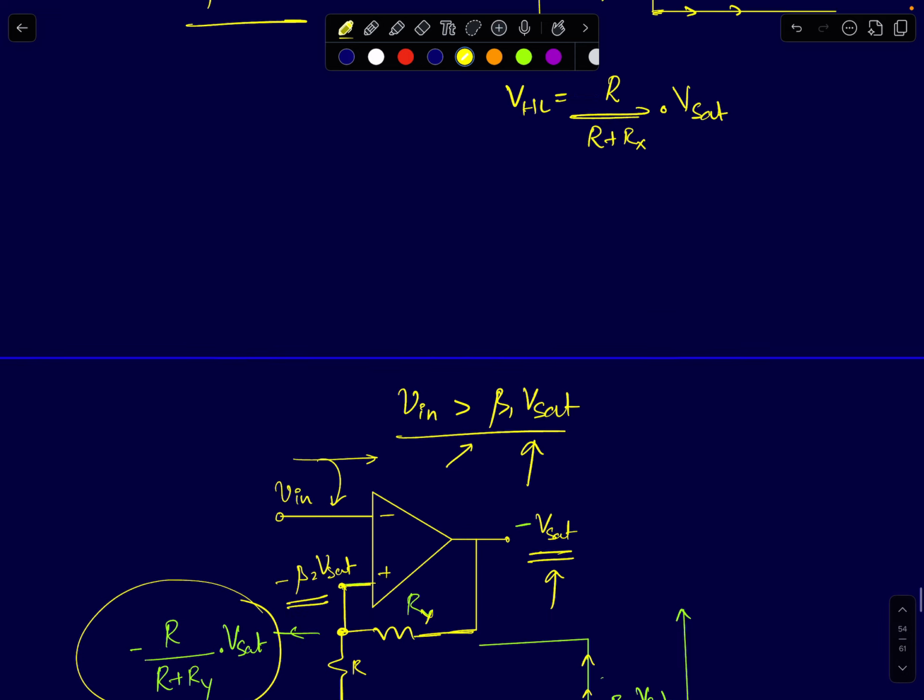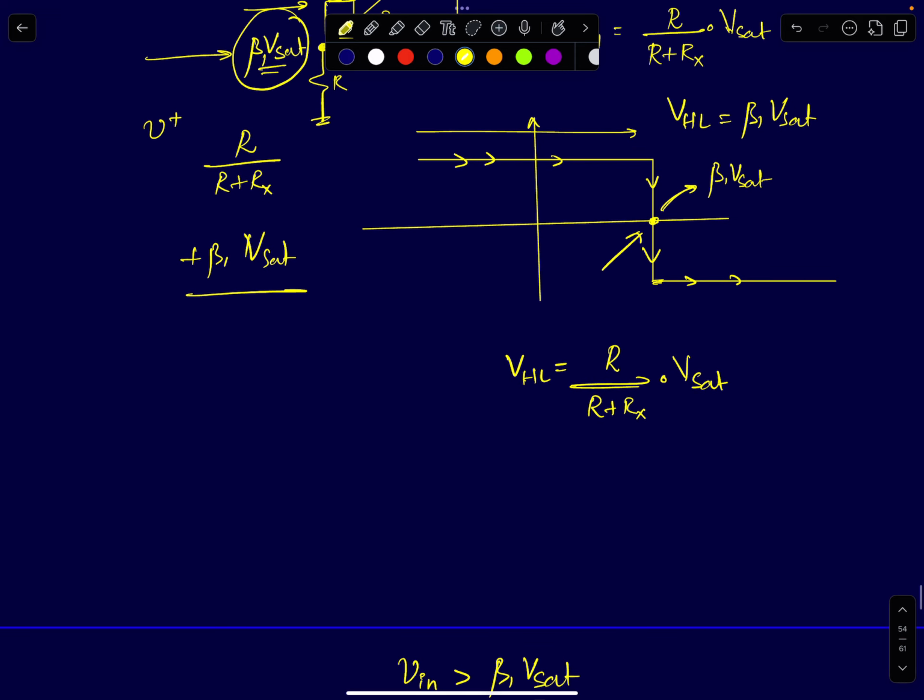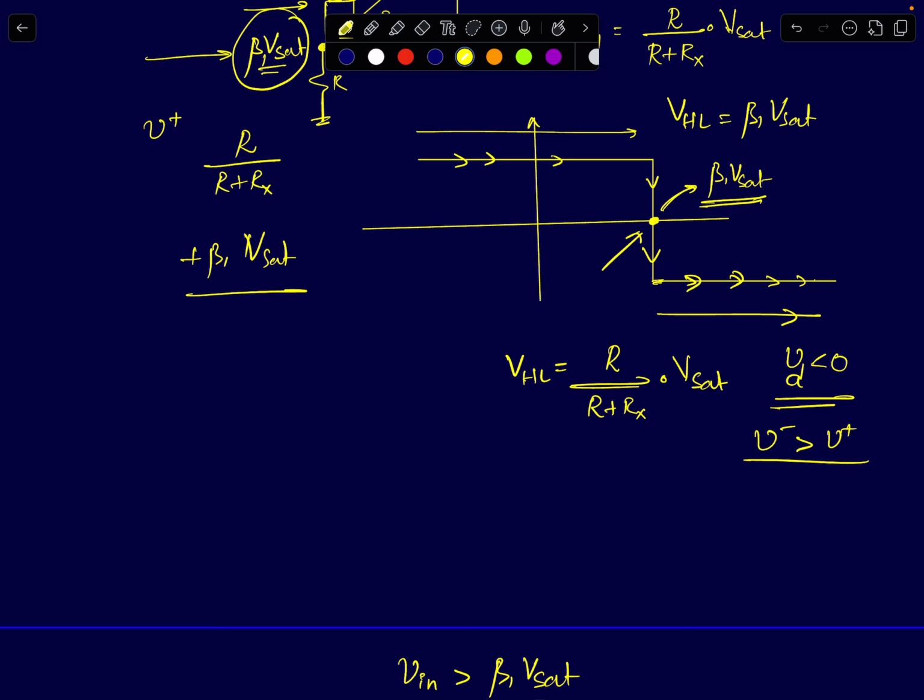It will stay put at minus Vsat. I'm showing this graph's progression at this point. So even if you increase your input voltage greater than beta 1 Vsat, your feedback voltage is negative. So therefore your differential input to the op-amp will always be less than 0. V minus will be greater than V plus. So your output will stay at minus Vsat.